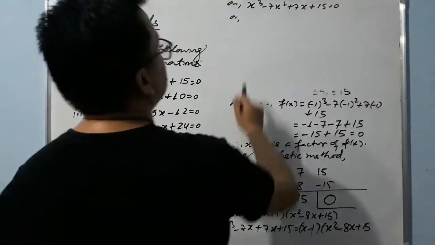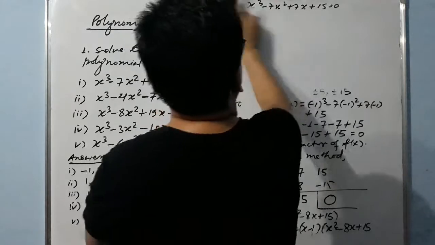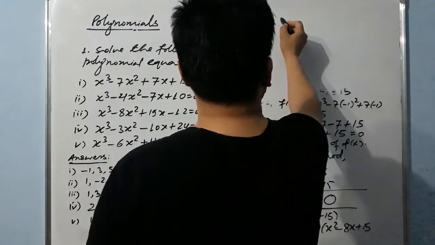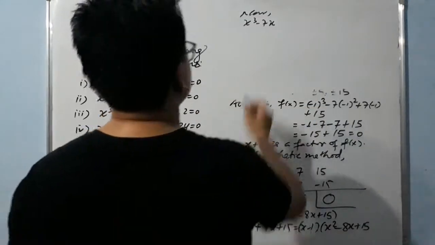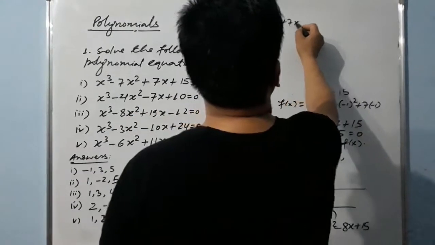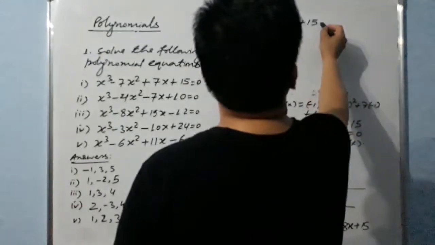Now you can write x cube minus 7x squared plus 7x plus 15 is equal to 0.